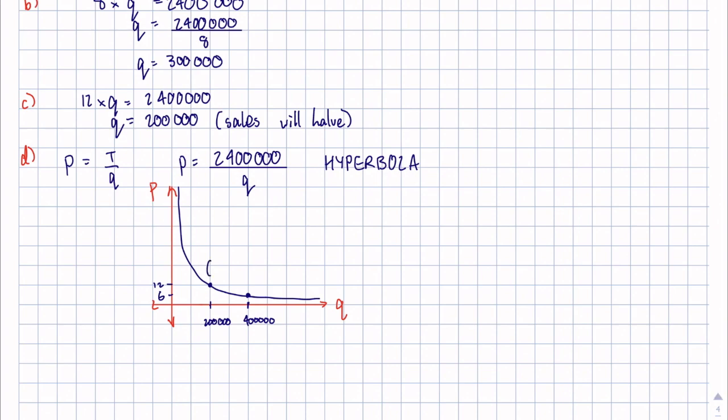So this is the point 200,000, 12. And this is the point 400,000, and we're selling them for $6 each in this one. That's fairly self-explanatory.